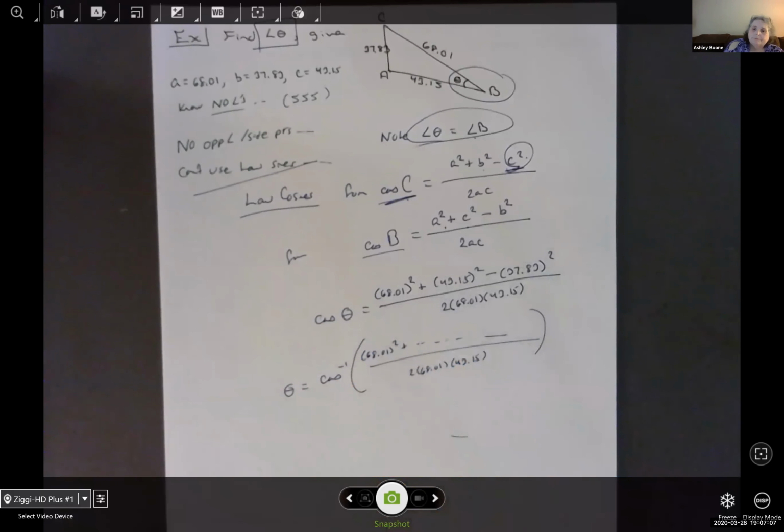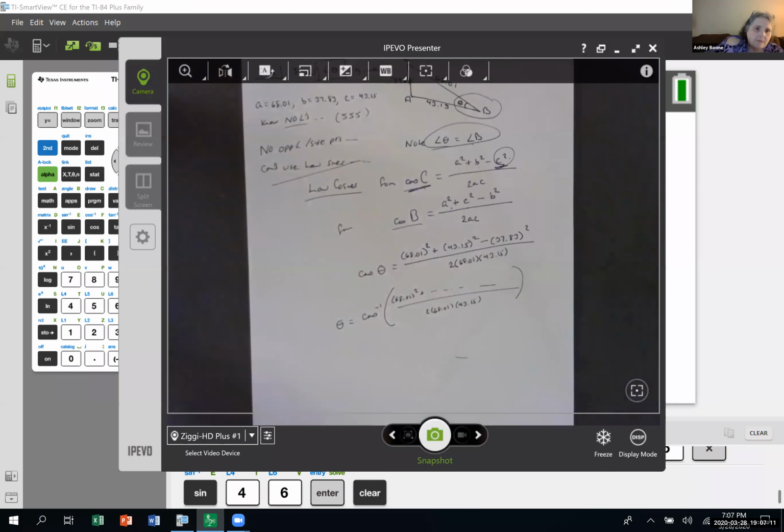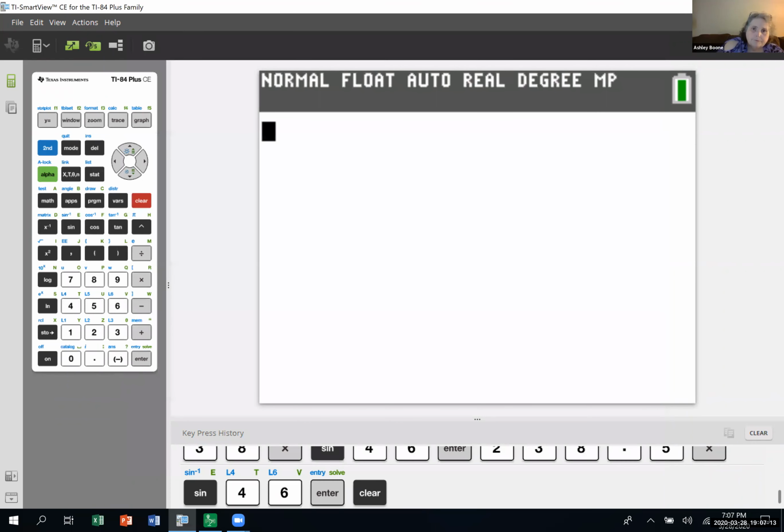Excuse me, I'm losing my voice a little bit. Let me grab the calculator. All right, so calculator-wise, we can do a couple of things. We can type the whole big mess in. I can go inverse cosine, second cosine, and I can do this whole big old thing.